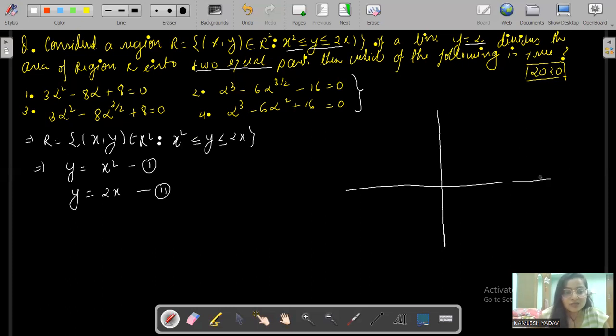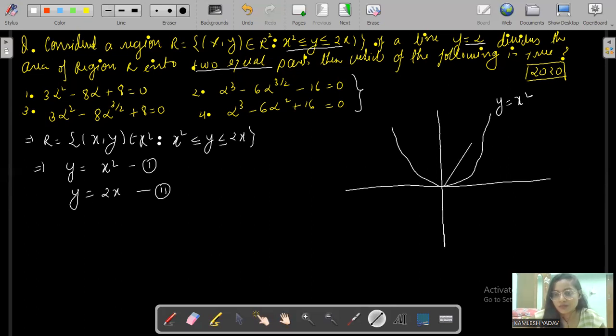So first equation is y = x². It means this equation will look like this. The second equation is y = 2x, which means a straight line. So we can draw a straight line.